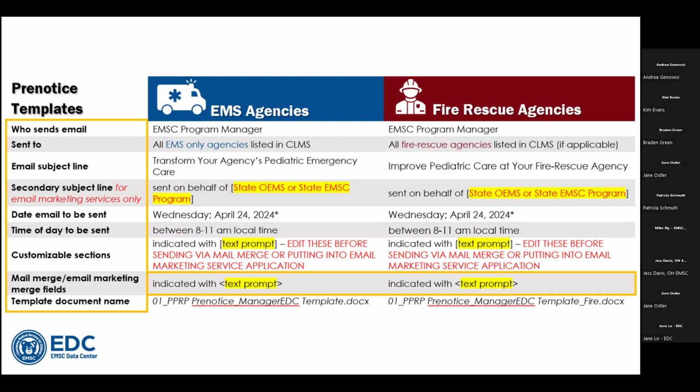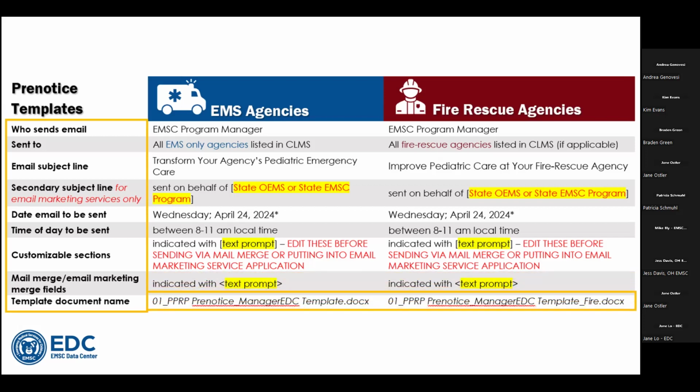So just as a recap, you have carets, which are merge fields, and you have brackets, which are just complete edit fields that you're going to change before you mail merge. And then the final line that we have here is the template document name. You can see which letter templates you need to use for which agency. They're ever so slightly different, but those will also be sent to you.